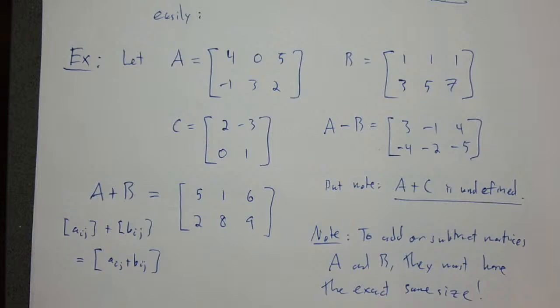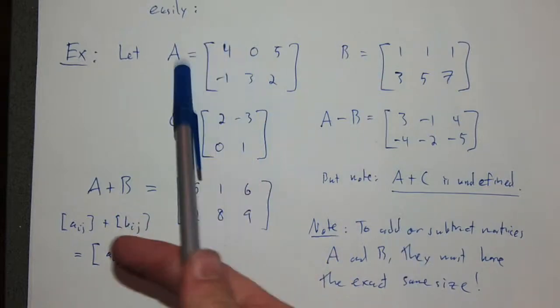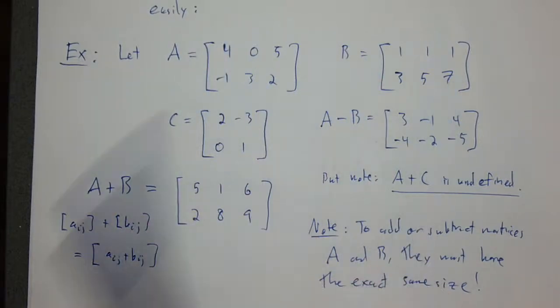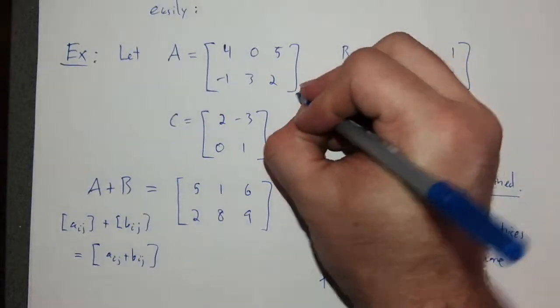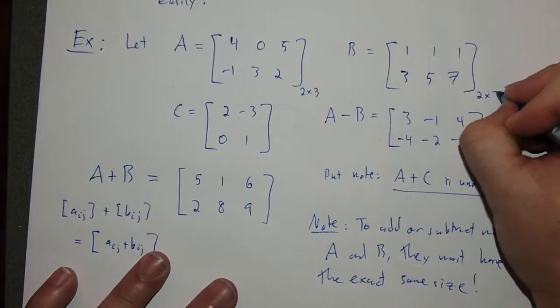All right, so adding and subtracting matrices is exactly like this. They don't have to be square. They have to have the same m and n, but n and m do not have to be the same. In fact, A and B are both rectangular matrices. They're not square. A is 2 by 3, and B is 2 by 3.